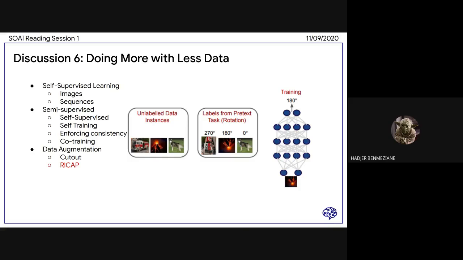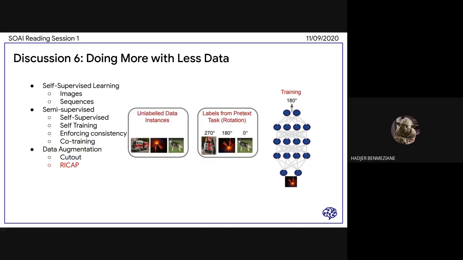Then we have enforcing consistency. The idea of enforcing consistency is that if a human was given two images, A and B, with B slightly blurred, for example, the human will just say that A looks like B, so I will give them the same label.